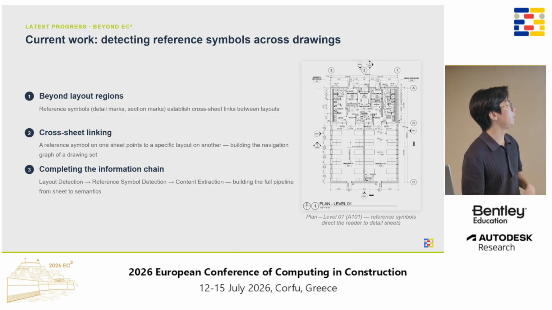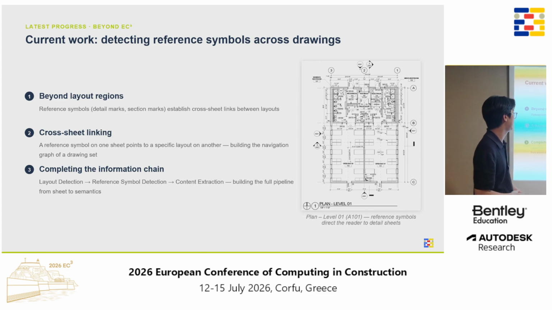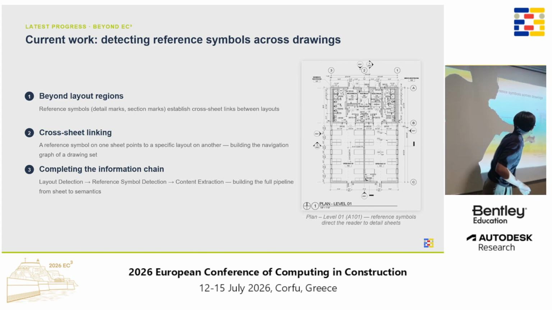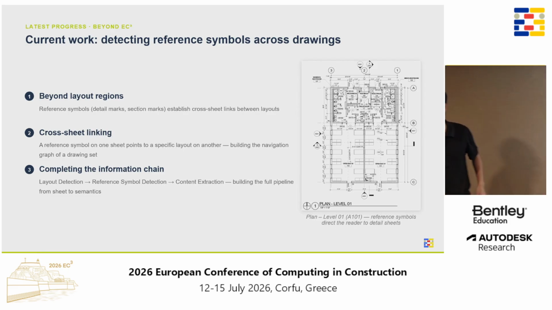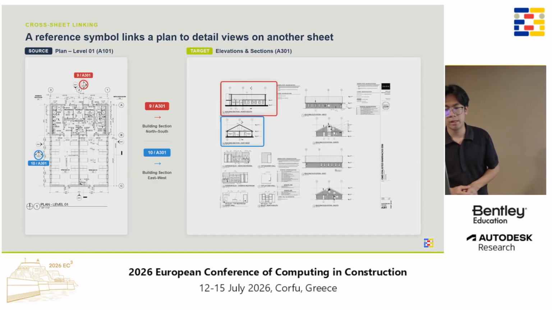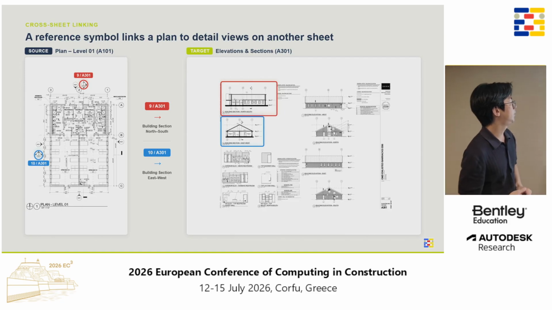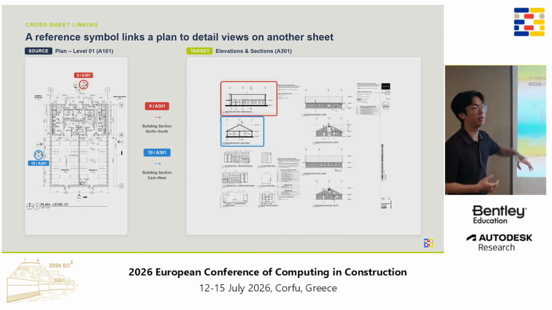And a bit of an update on our current work. We're doing cross-sheet linking, so we're detecting this kind of section marker or elevation marker that appears in a plan or in a specific layout. This kind of reference symbol points to another layout in another drawing.